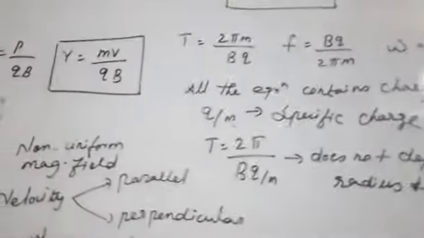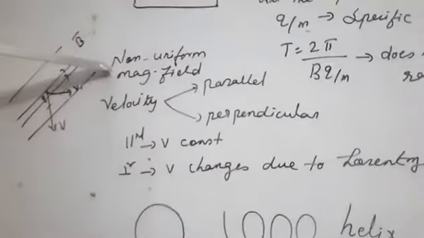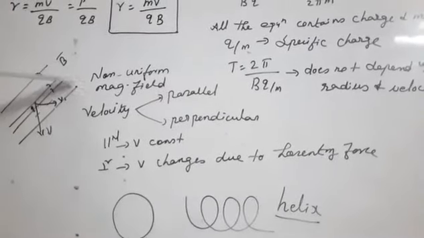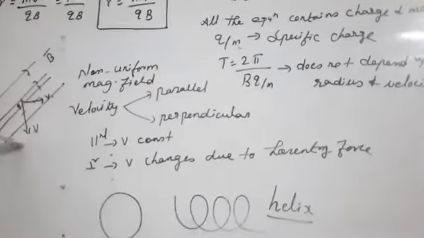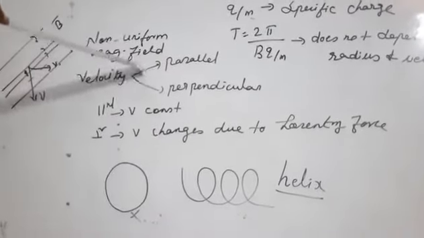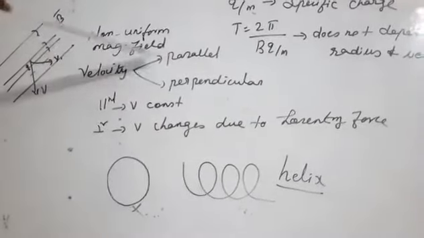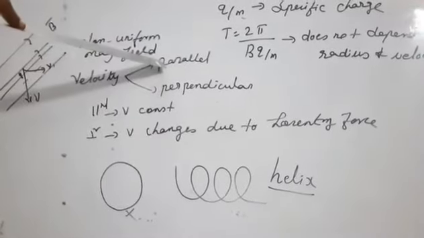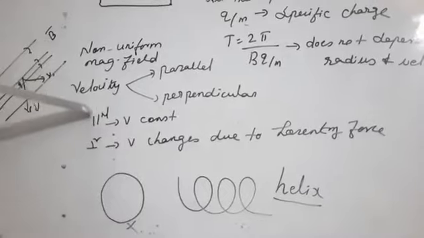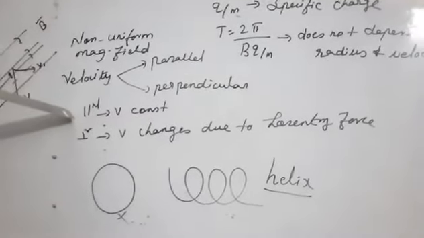Next, this uniform magnetic field we can maintain between the B vector and V vector. Suppose the charge enters a non-uniform magnetic field, so that the velocity is divided into two components, one parallel and another perpendicular.